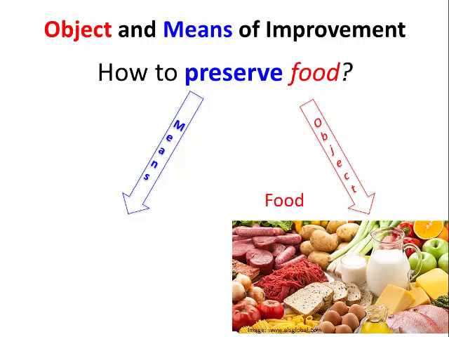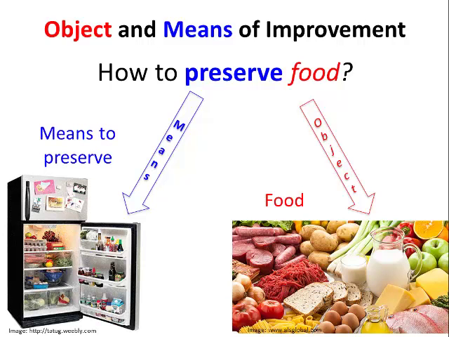Therefore, the means of improvement in our case is the means to preserve or the means of preservation. So we have established that the object of improvement in our case is food, and the means of improvement is the means of preservation. We are ready now to consider these two under the 6 unrealistic conditions.